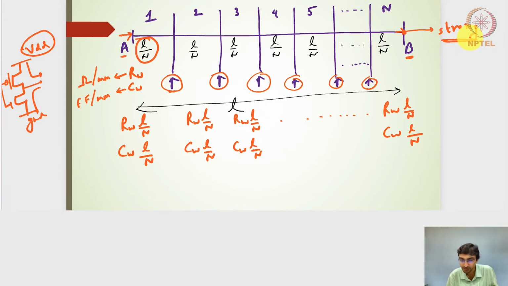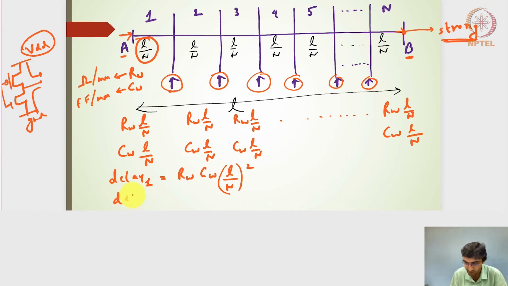Okay, so coming back to this particular segment. If I have created n segments, the delay of one particular segment as an RC delay will be nothing but RW CW (L by N) the whole square.